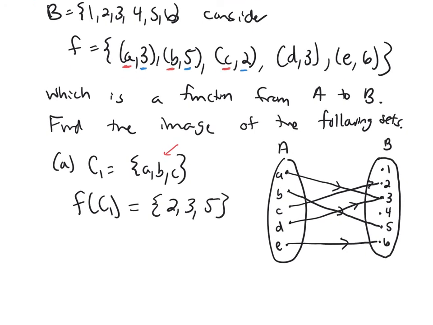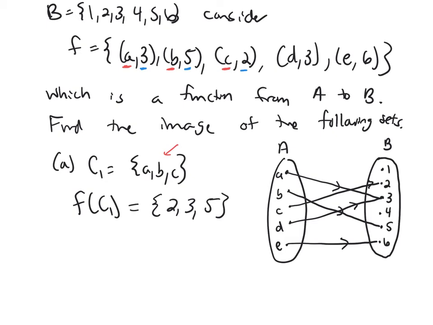So here I'm only looking at a, b, and c, and seeing where those arrows go. A gets mapped to 3, b gets mapped to 5, and c gets mapped to 2. So 2, 3, 5 would be the image of my set.